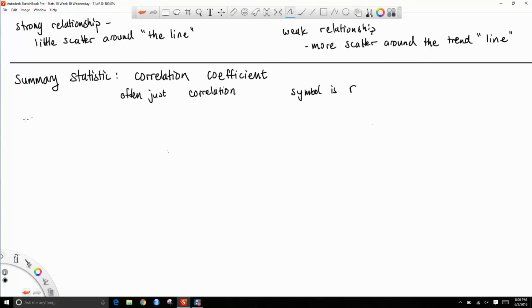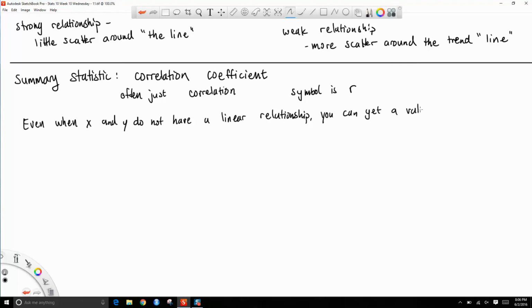So even when X and Y do not have a linear relationship, you can get a value of R. But the interpretations that I'll provide here only make sense if the relationship is linear.